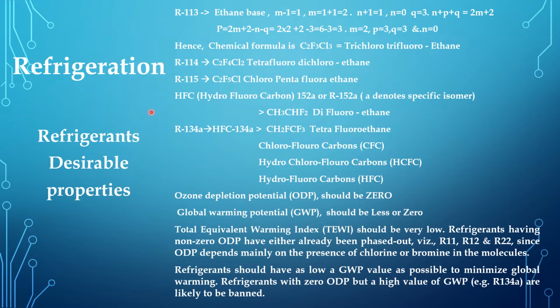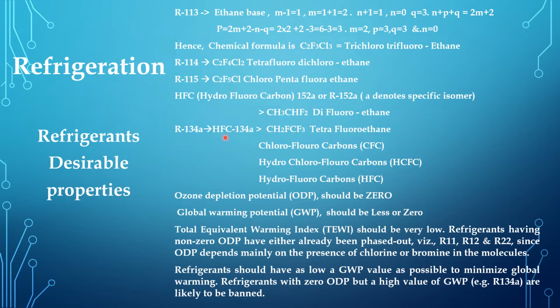And the desirable properties and how refrigerants are classified: HFC, hydrofluorocarbon, has only fluorine and carbon present. It is called HFC. R152a is a commonly used refrigerant. The a is a specific isomer. It is CH3CHF2, difluoroethane, and it is used in some industries.